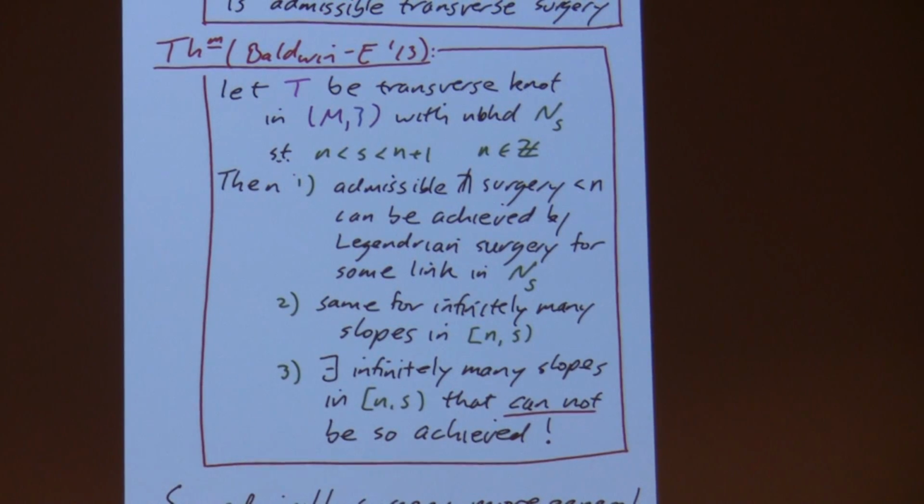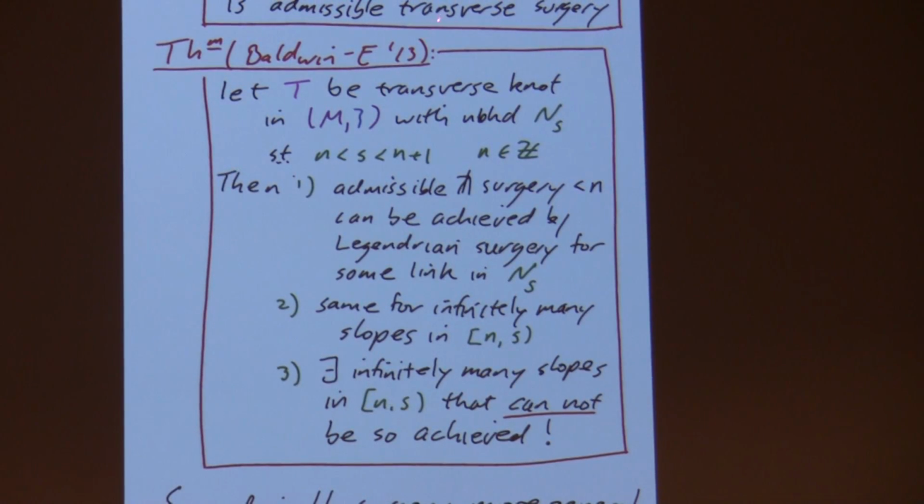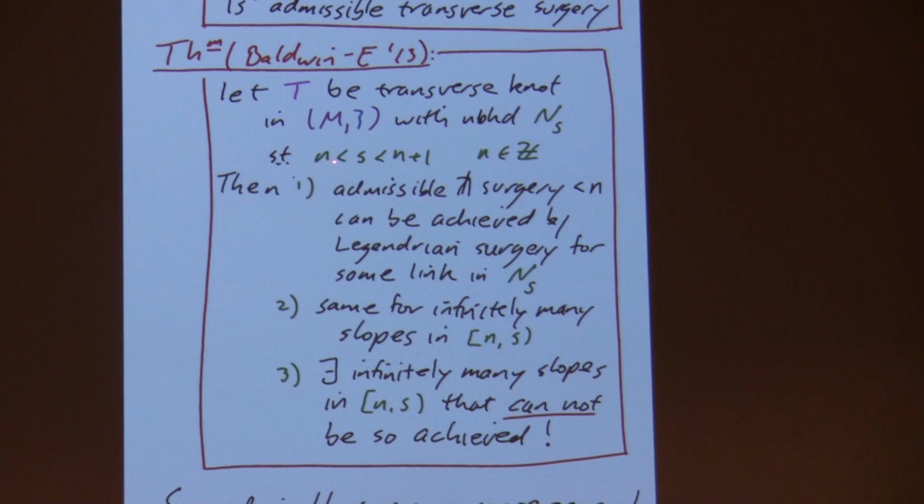So we said here that all Legendrian surgeries can be done by transverse surgery. And here we're saying that the transverse surgeries can be done by Legendrian surgeries. But now, if you start to get slopes between n and s, the situation gets a little bit more complicated. Basically, there's infinitely many slopes between n and s that you can also achieve by Legendrian surgeries, by Legendrians that are inside of this neighborhood.